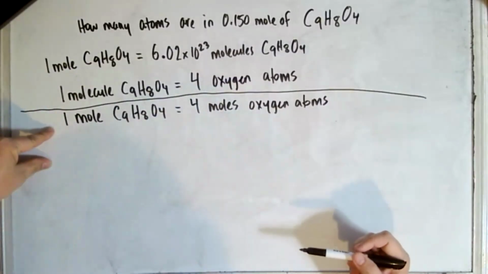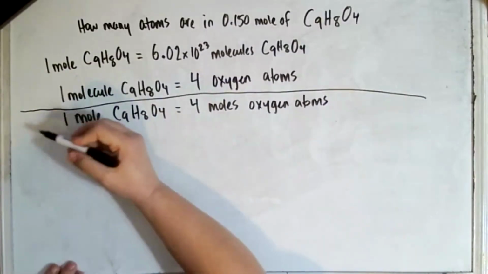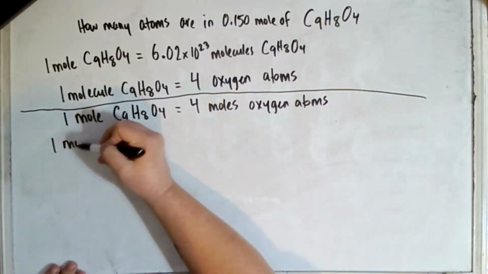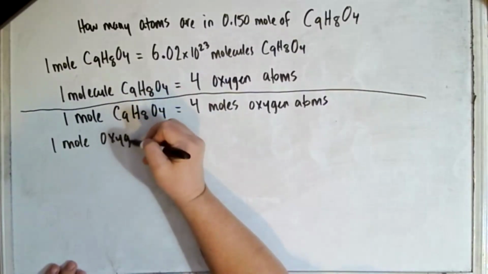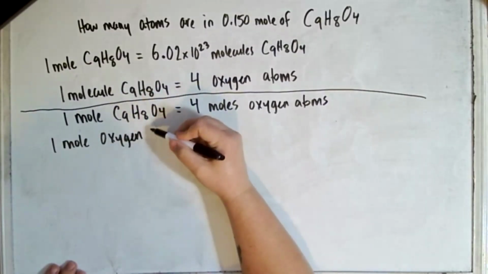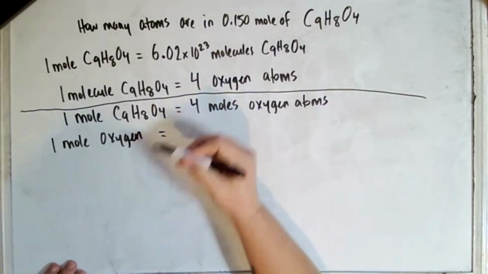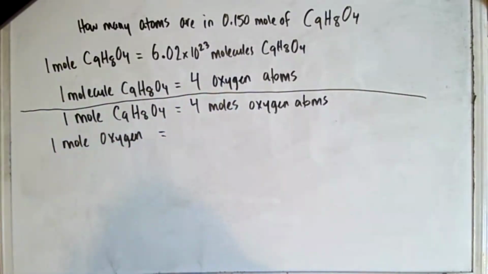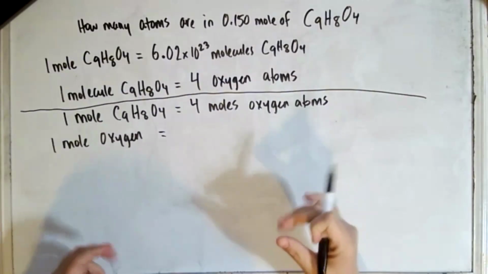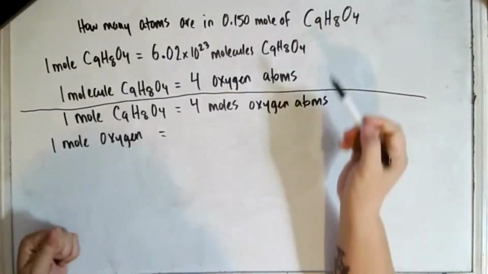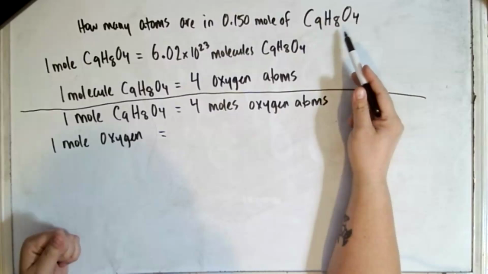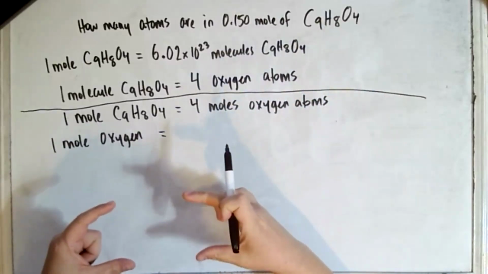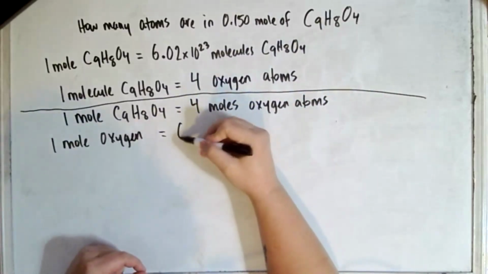And these bottom 2 things that I'm going to write involve the second way. They're both based on the same equivalencies, Avogadro's number, and then the relationship between our aspirin compound and the number of oxygen atoms that are in it.